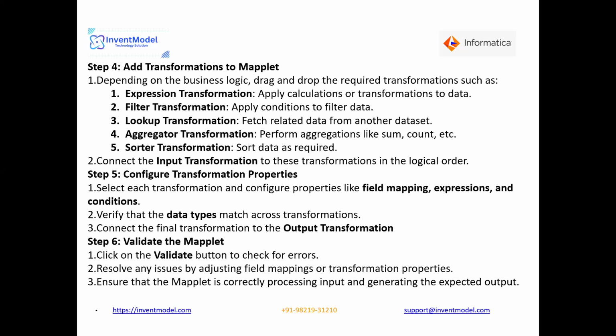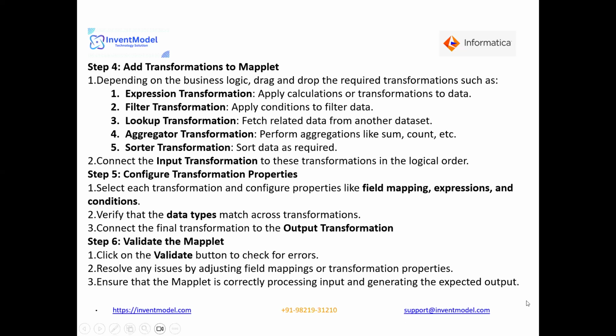Next is to verify that the data types match across transformations. This is very crucial because the data types should match across the transformations. Third is to connect the final transformation to the output transformation. After doing all of the configuring and validation, you have to connect the final transformation to the output transformation.